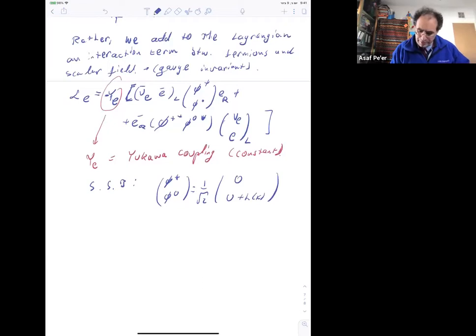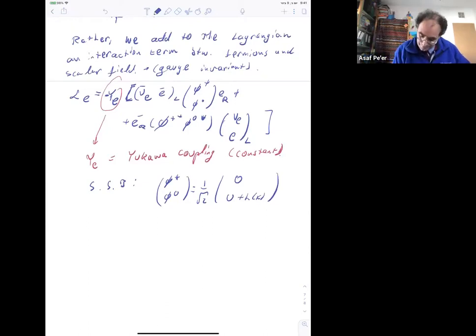Since we put a 0 at the beginning, that automatically means that we only get mass for the electron, because everything that couples to the neutrino gives us 0. So the neutrino is not going to get any mass.